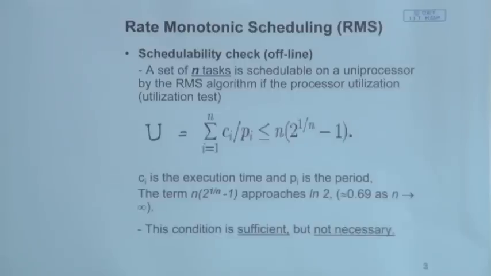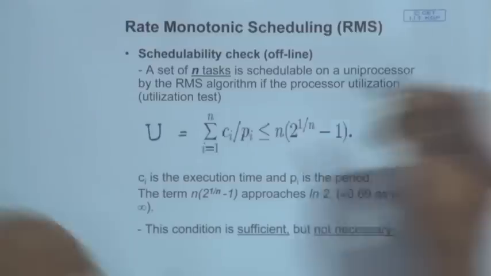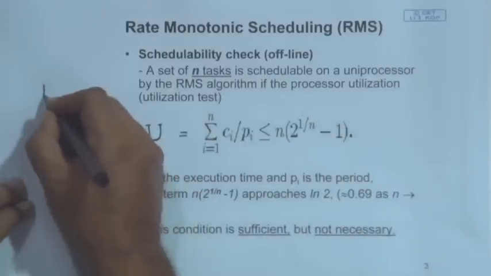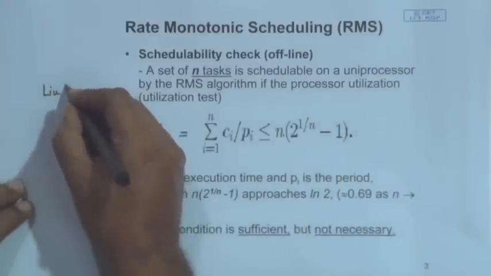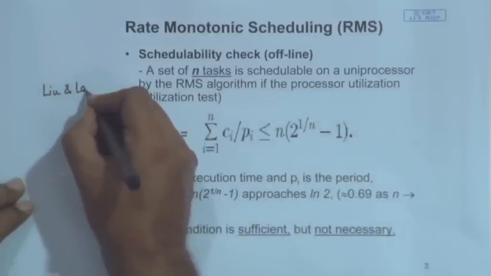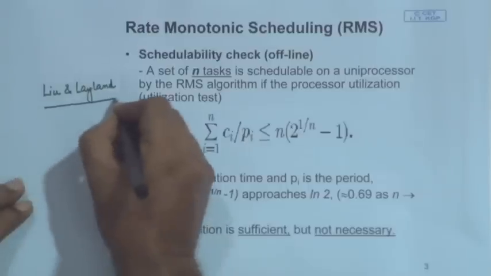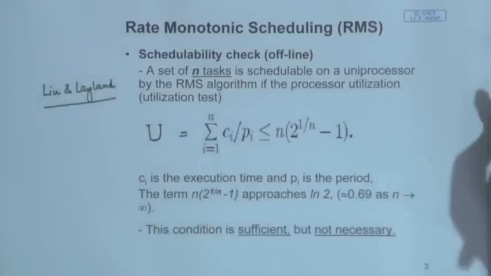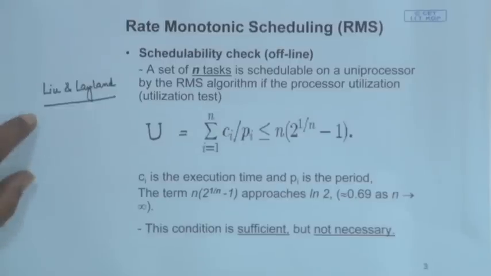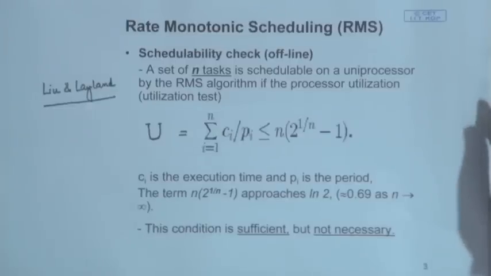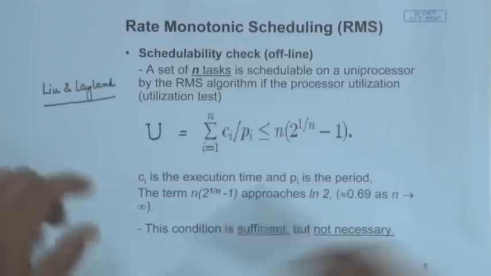I am not going into the derivation of this. This derivation can be found in a famous paper by Liu and Leyland. Those of you who are interested can look up the paper, and it actually comes from the response time analysis, and from there we get this.